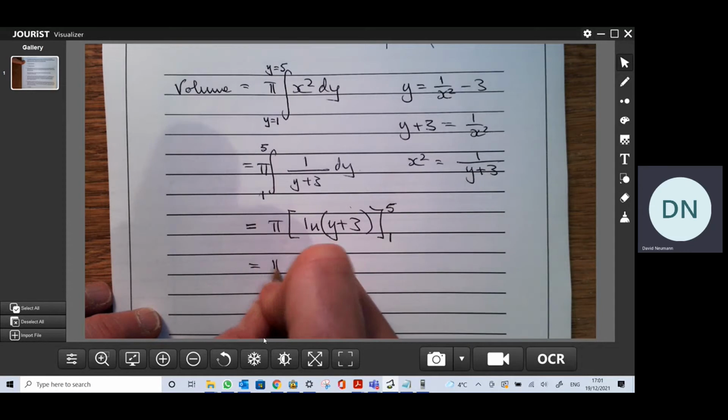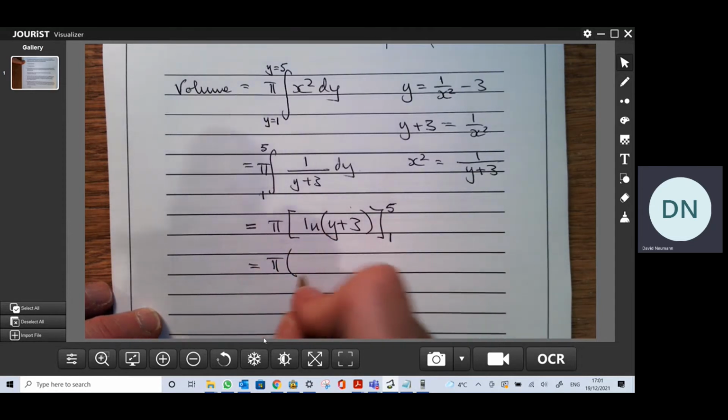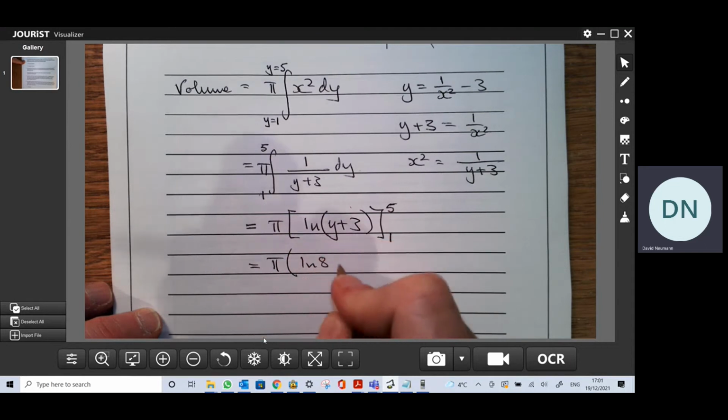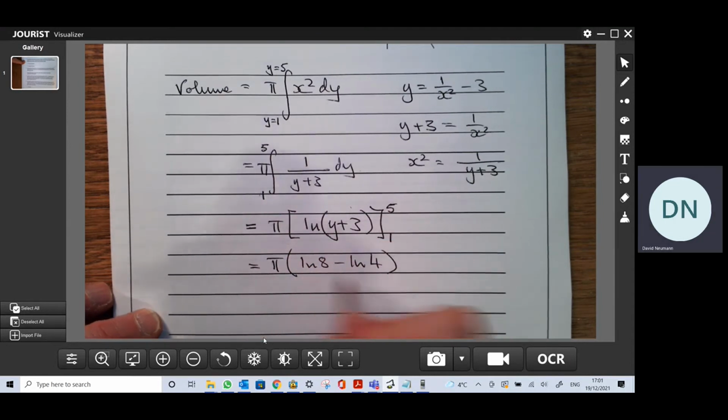So this is pi times, if we put 5 in here, ln 8 minus ln 4, which is ln of 8 over 4, which is pi ln 2.